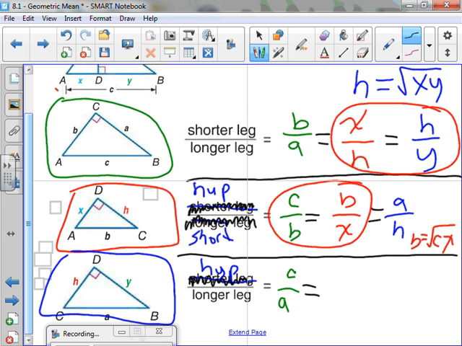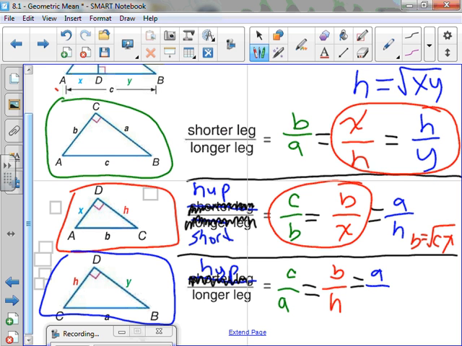What's the definition of altitude here? Altitude means we drop it from a vertex, and in this case it has to be from the right angle vertex, and it has to make a 90-degree angle here. So it can be from any vertex? No, it has to be from the right angle.